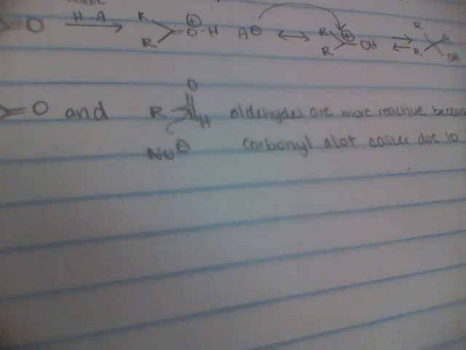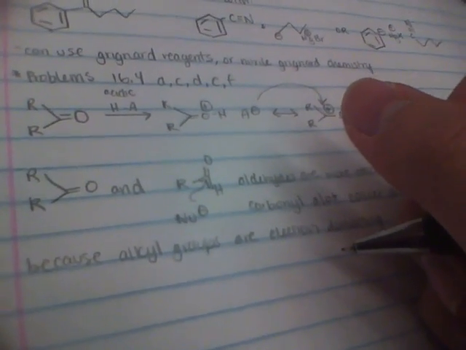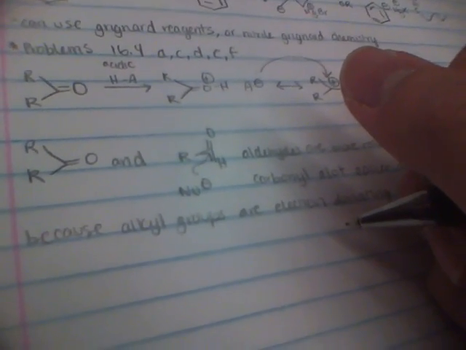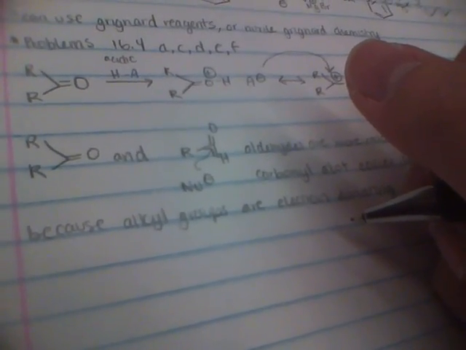So that's one factor. But there is another factor that's a bit more subtle. You know that alkyl groups are electron donating. And a moment ago I showed you that you can write a resonance structure with a plus on the carbonyl carbon. Now if you have two electron donating groups on that carbon, as you do in the case of a ketone, clearly the size of that plus charge is lowered because the alkyl groups shove electron density towards that positively charged carbon.